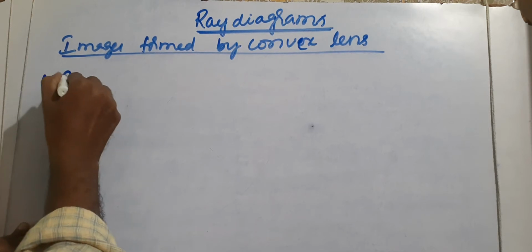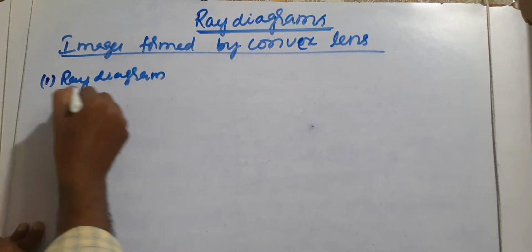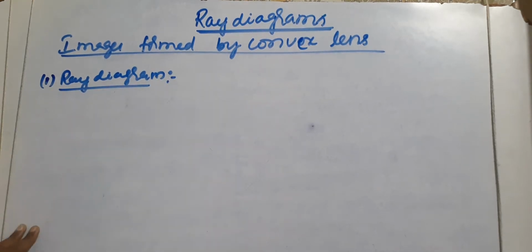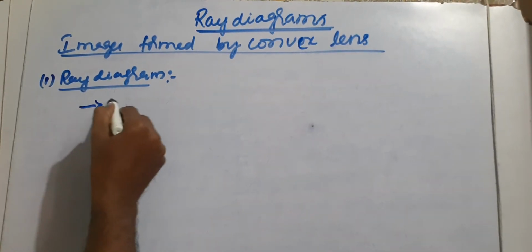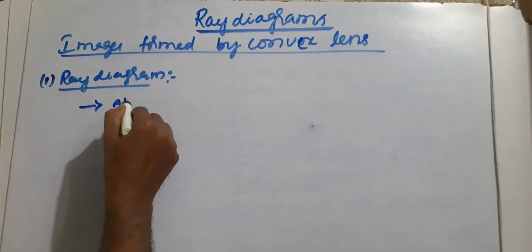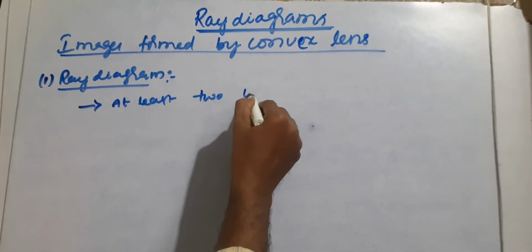So what is a ray diagram? A ray diagram is nothing but the diagram drawn to show the position of the image formed by the lens. To draw a ray diagram, we require at least two light rays.